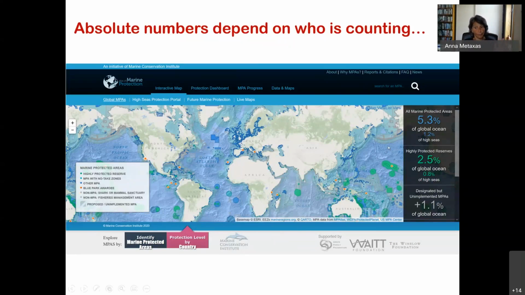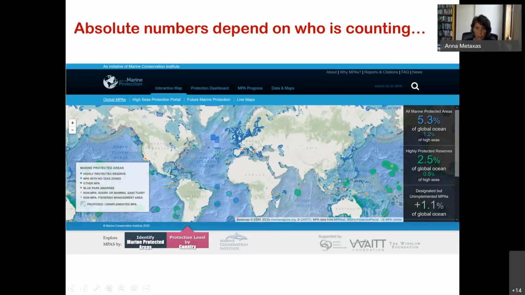So we're not moving forward in this number. Only 1.2% of those are in the high seas. Out of the whole world, only the global ocean, only 0.5% is actually placed under high protection. The rest of them, the remaining 2.8, is some sort of protection, but not total protection.